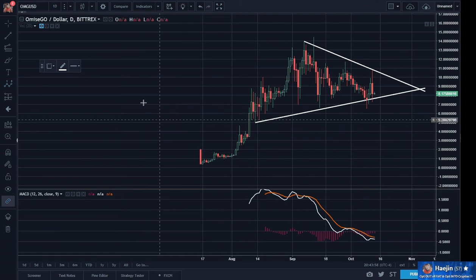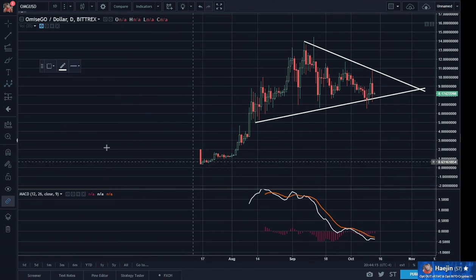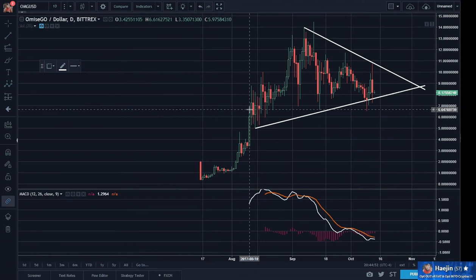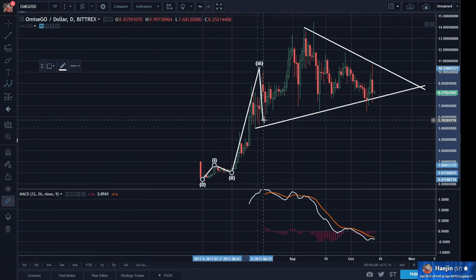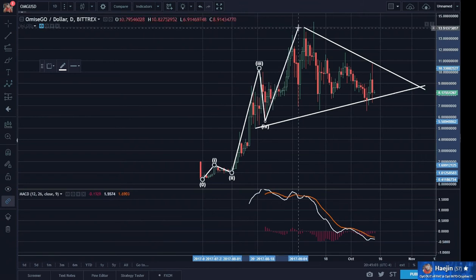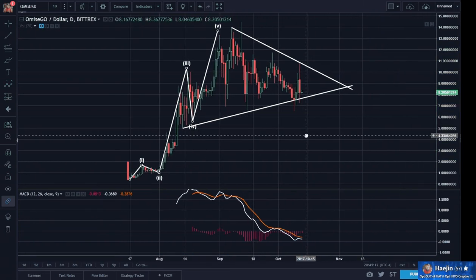So here is OmiseGo, OMG, a very popular coin amongst a lot of the people out there that I've been reviewing on other bloggers regarding this coin. And I have to say that for now, OMG, I can count to maybe 1, 2, 3, 4, and 5 waves.